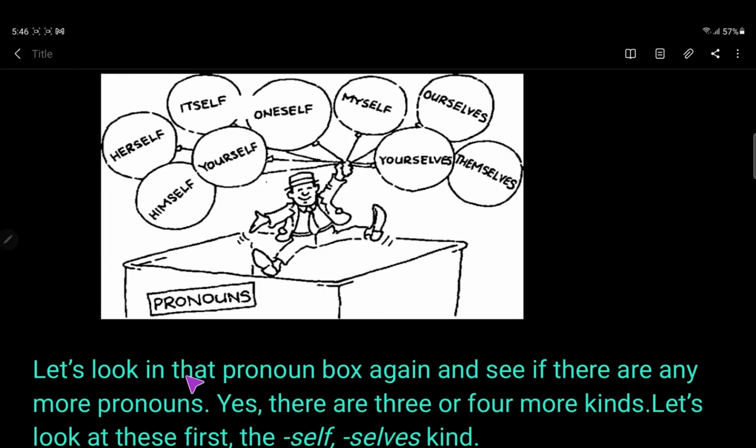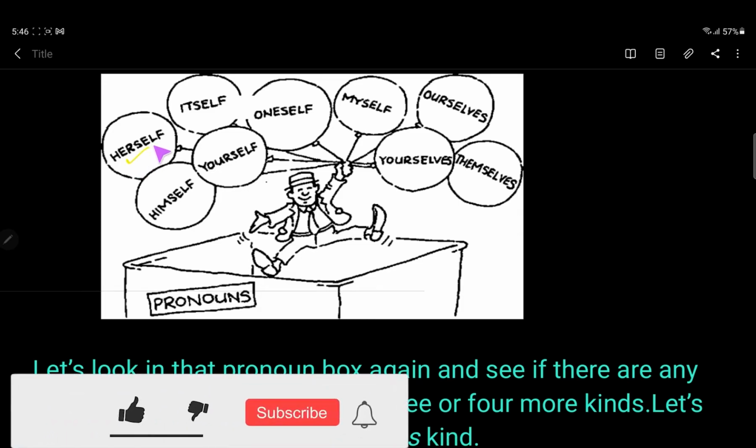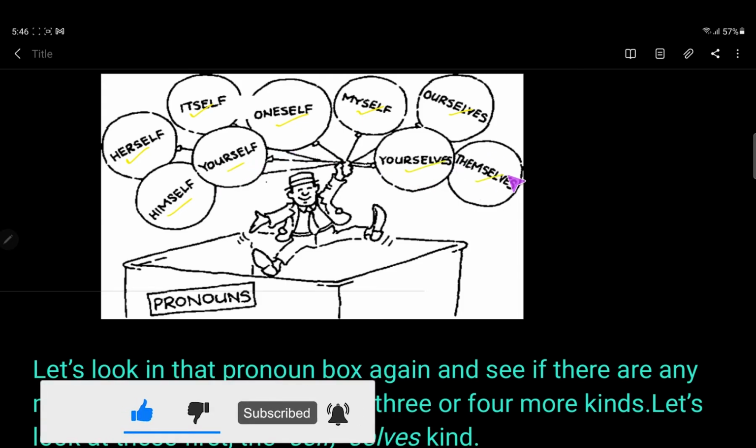Let's look at the pronoun box again and see if there are any more pronouns. Yes, there are three or four more kinds. First, the self or selves kind. Here it is written: herself, itself, oneself, myself, ourselves, himself, yourself, yourselves, themselves.